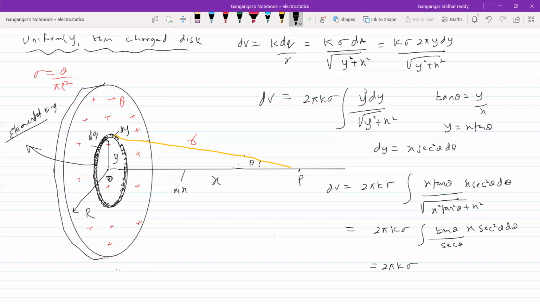So 2 pi k sigma x secant theta tan theta d theta. Check the calculation once, the simplification part, then I'll proceed.